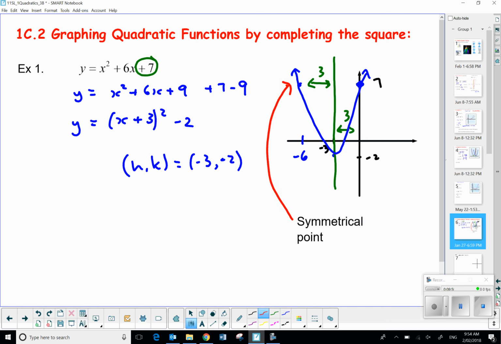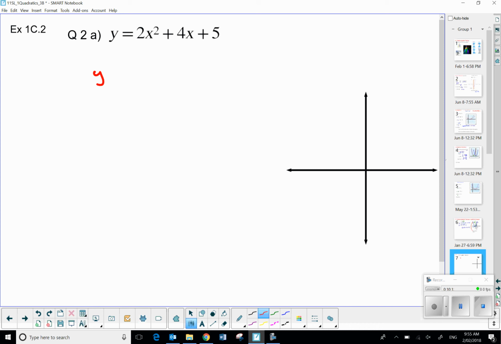Remember when you're having a go and turning it into vertex form, pull out your 2, that factor, first, so you're left with x squared plus 2x, leave your space, plus 5. Now think what has to go in here to complete the square.